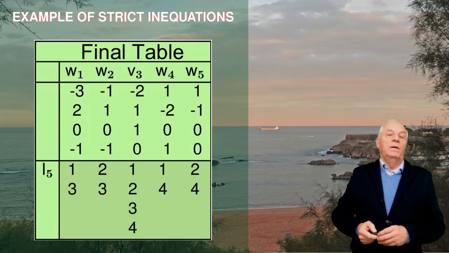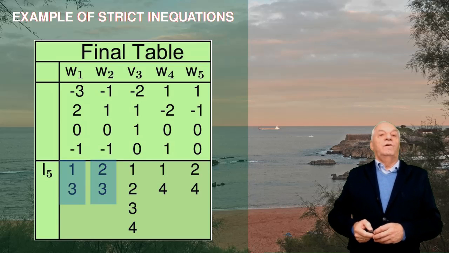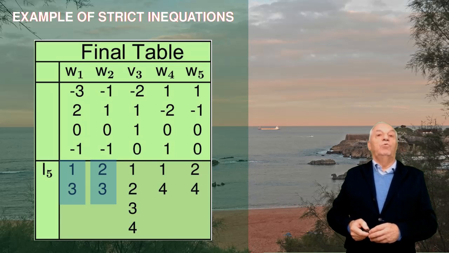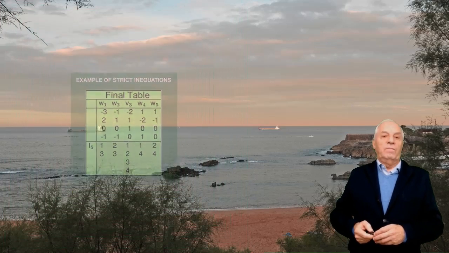For example, the number 4 does not appear in the sets associated with the vectors w1 and w2 of the finite table, so pi1 and pi2 cannot be simultaneously null if the inequality of equation 4 is strict.